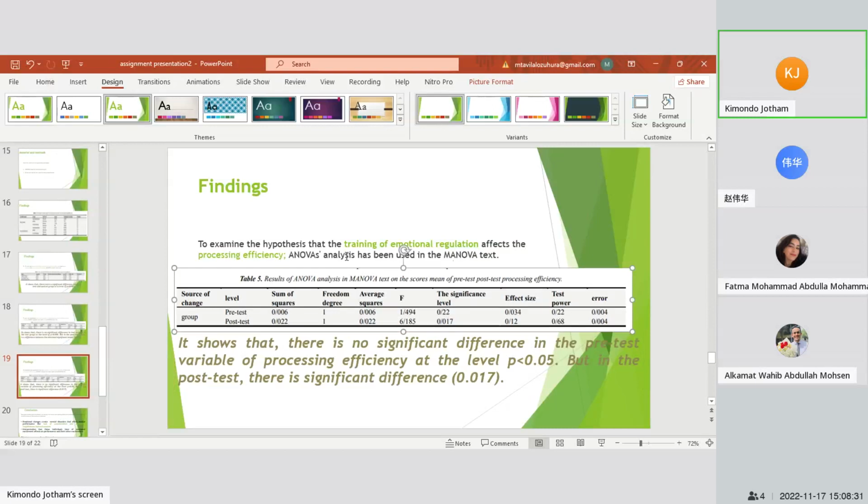Also, to examine the hypothesis that the training of emotional regulation affects processing efficiency, it is the same: the significance level decreased, but before the training, the significance level was out of the range.